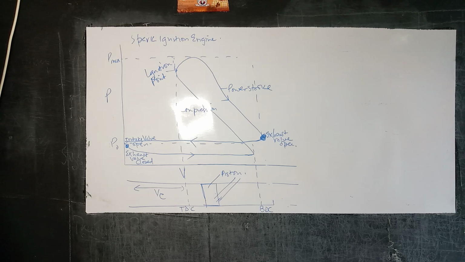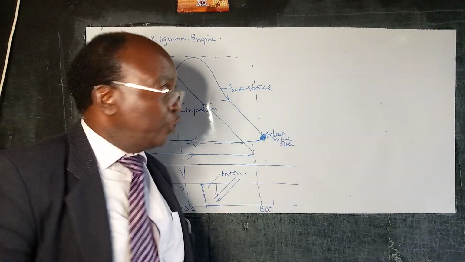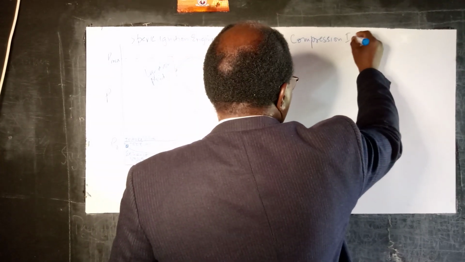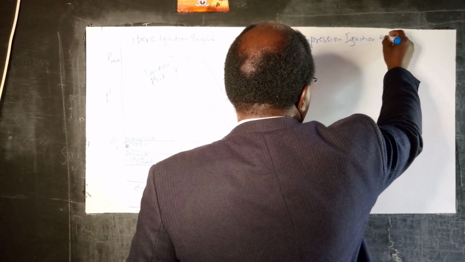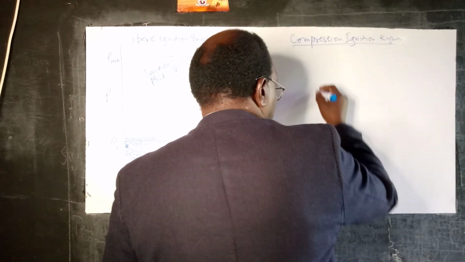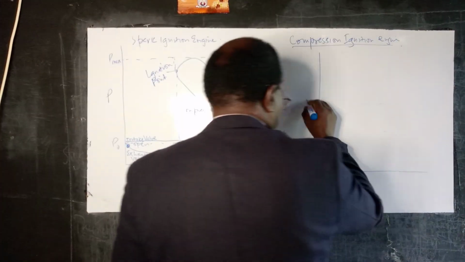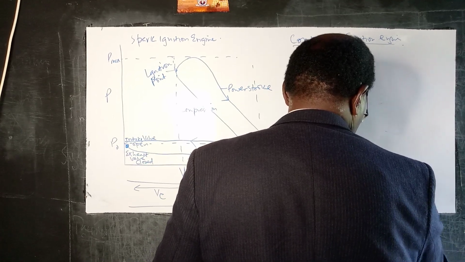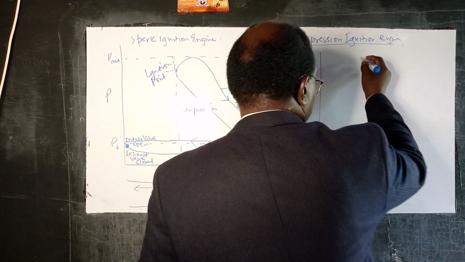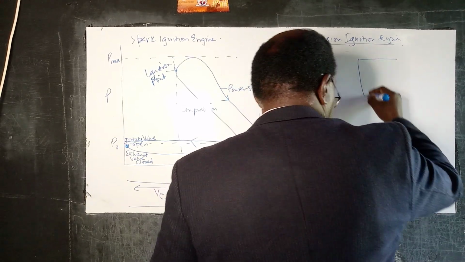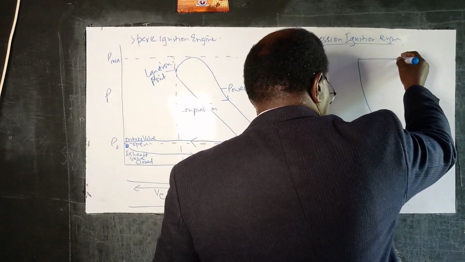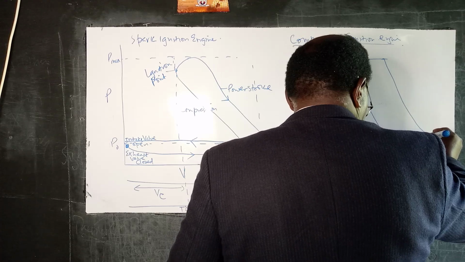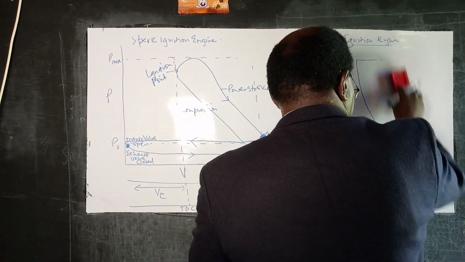Now, what about the compression ignition engine? The whole process is not any different. We again just have the same PV system, but now this is the ignition point.